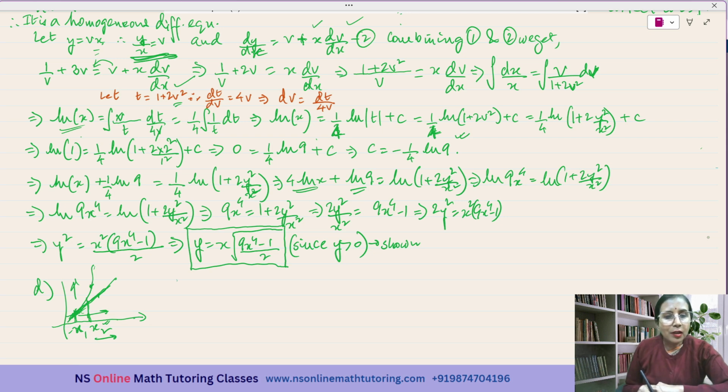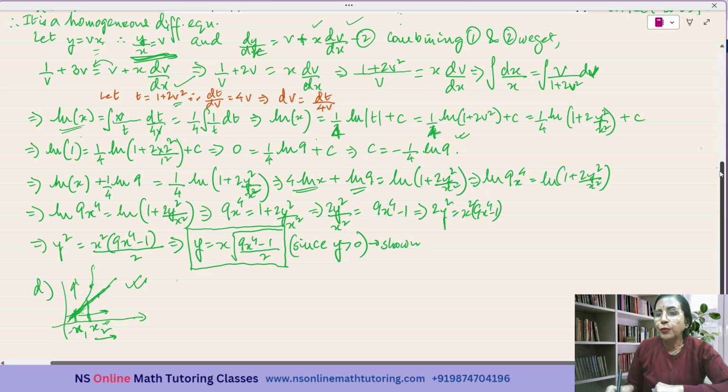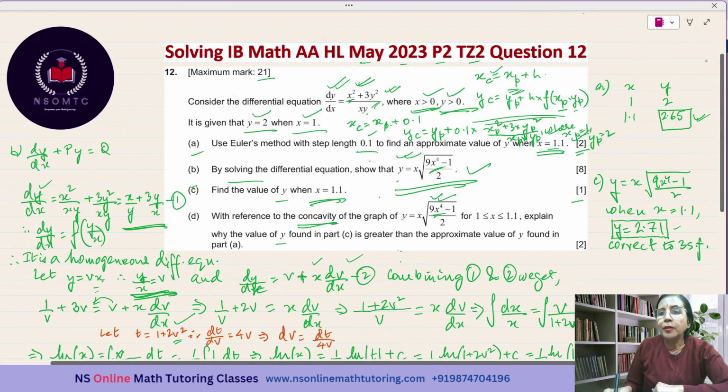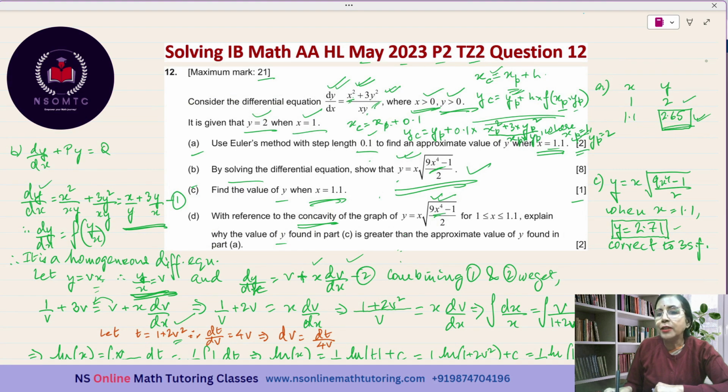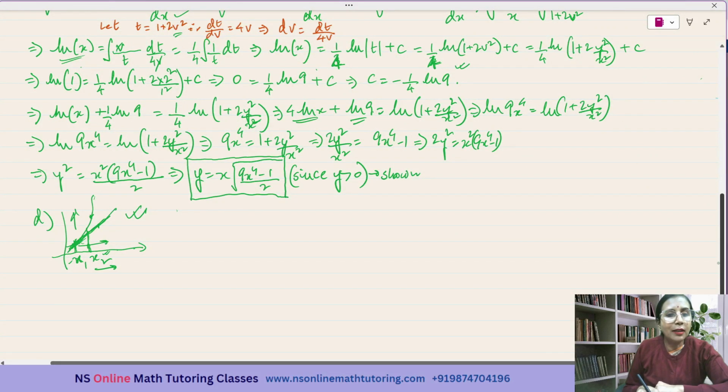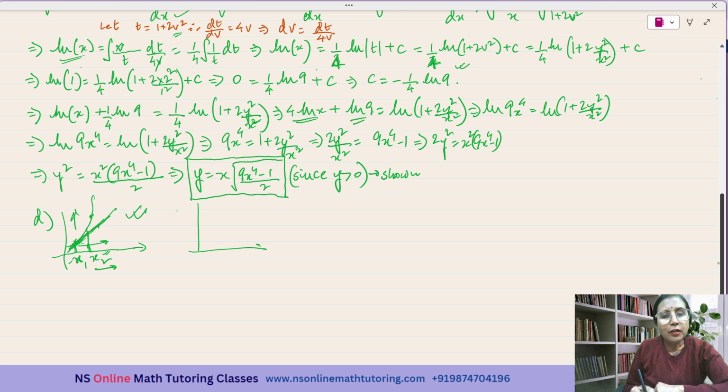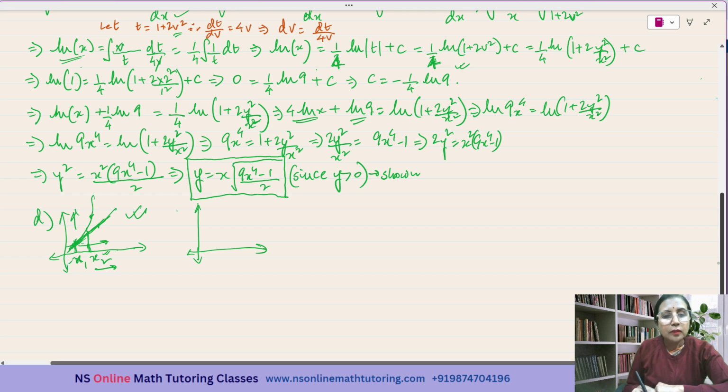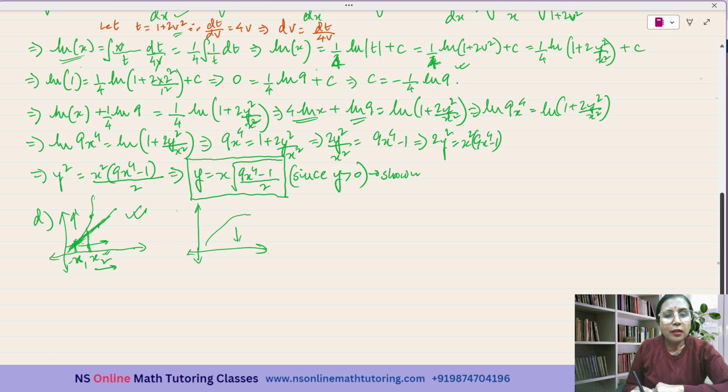This is what we have, because from Euler's method we are getting a value which is less than the accurate answer. So we know that the graph should be concave up, because if the graph is concave down, then what happens? Suppose the graph is this way, it is concave down, and maybe this is the tangent.